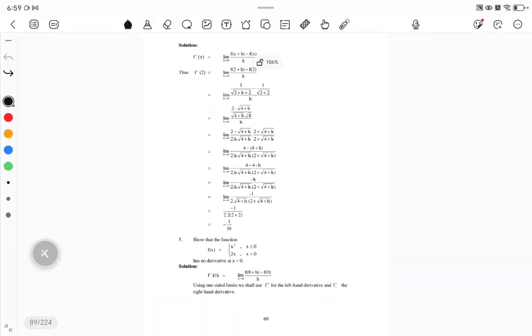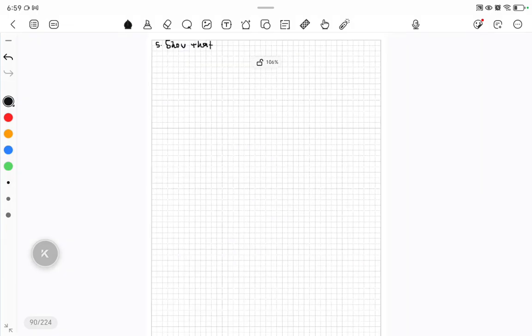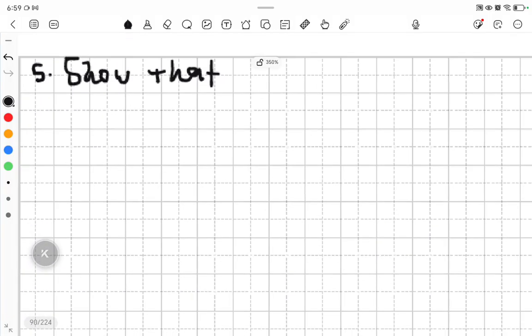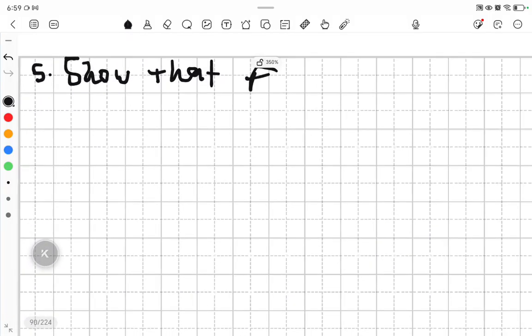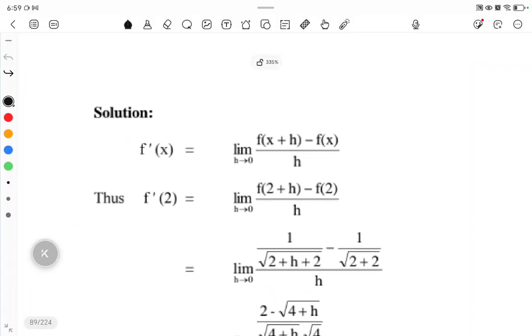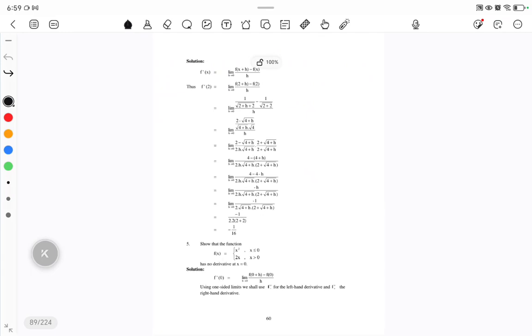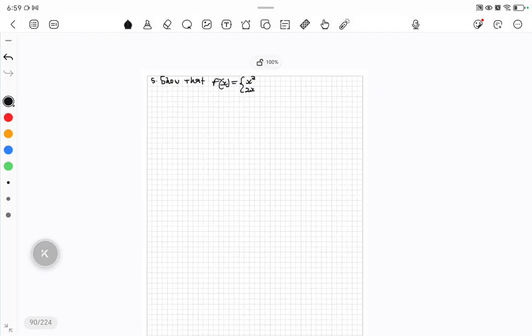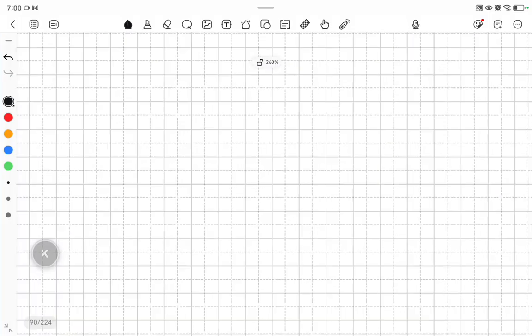The function f of x equals x squared for x less than or equal to 0, and 2x for x greater than 0.